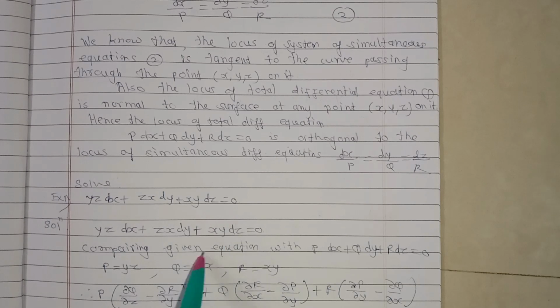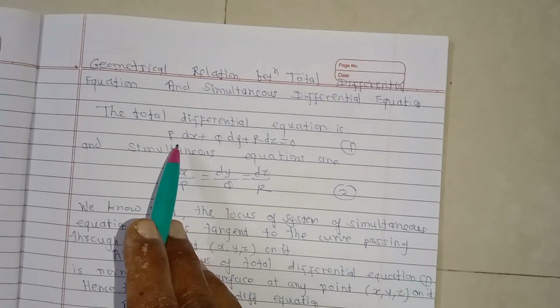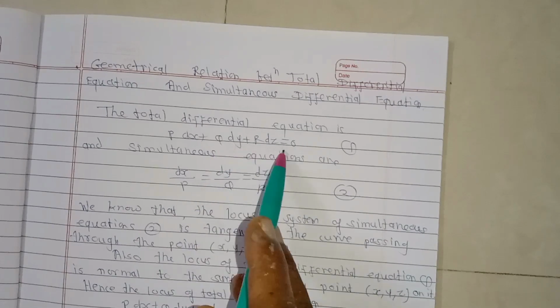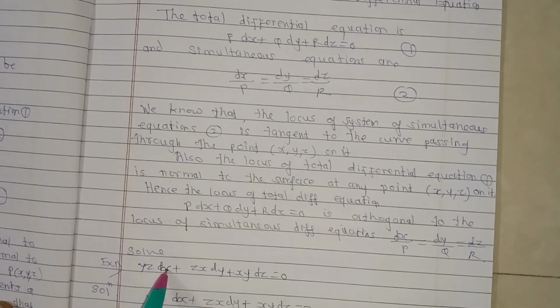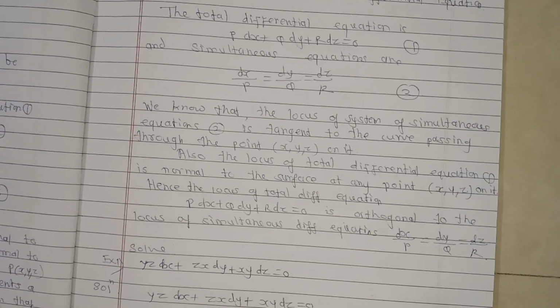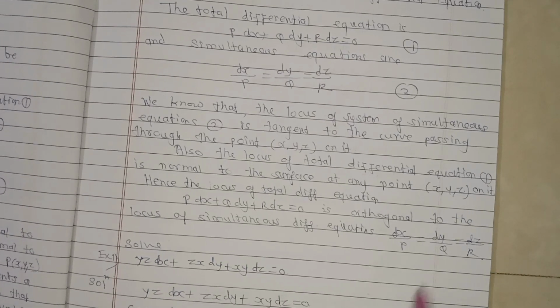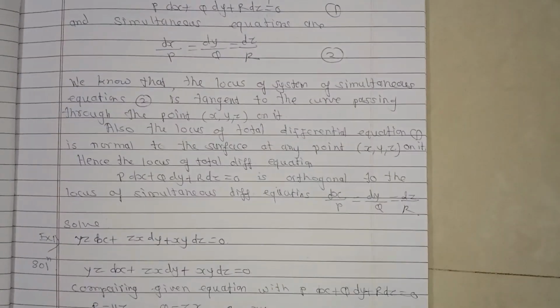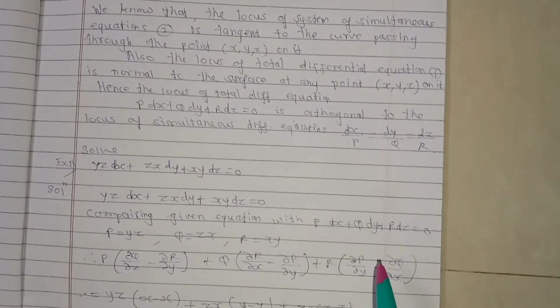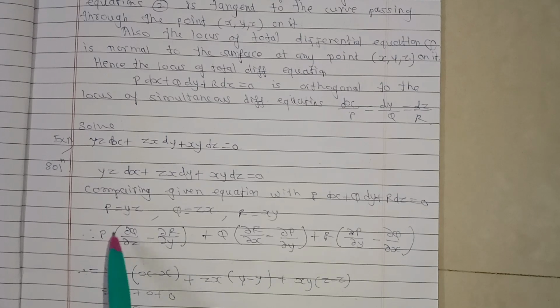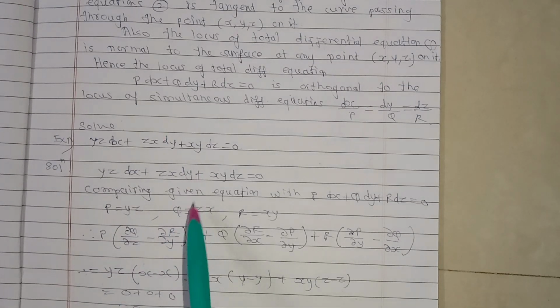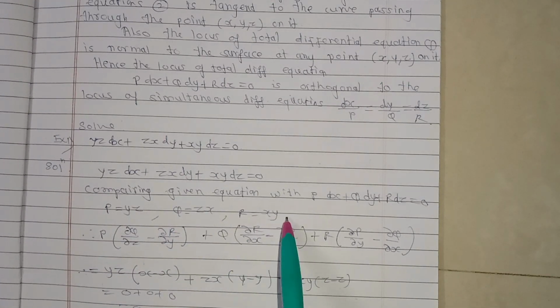We first write the given equation; this is a total differential equation, which is in the form p dx plus q dy plus r dz equal to 0. So compare this given equation with the total differential equation. Here p equal to yz, q equal to zx, r equal to xy.